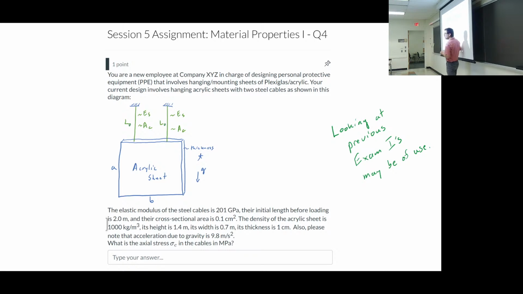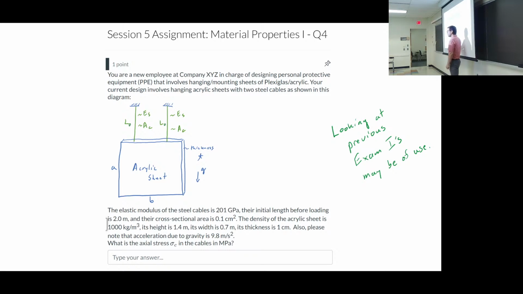Note this is 1 centimeter, this is meter, this is meter. So make that 0.01 meters. So you figure out what the force is, and then you divide by the cross-sectional area. The cross-sectional area is going to be twice that of an individual cable. How do you figure that out? Well, the cross-sectional area was given as 0.1 centimeters squared.